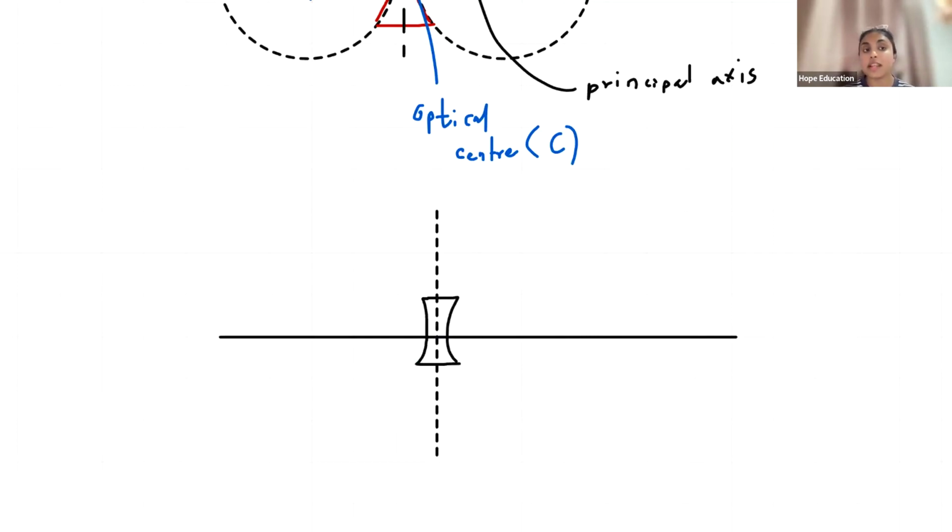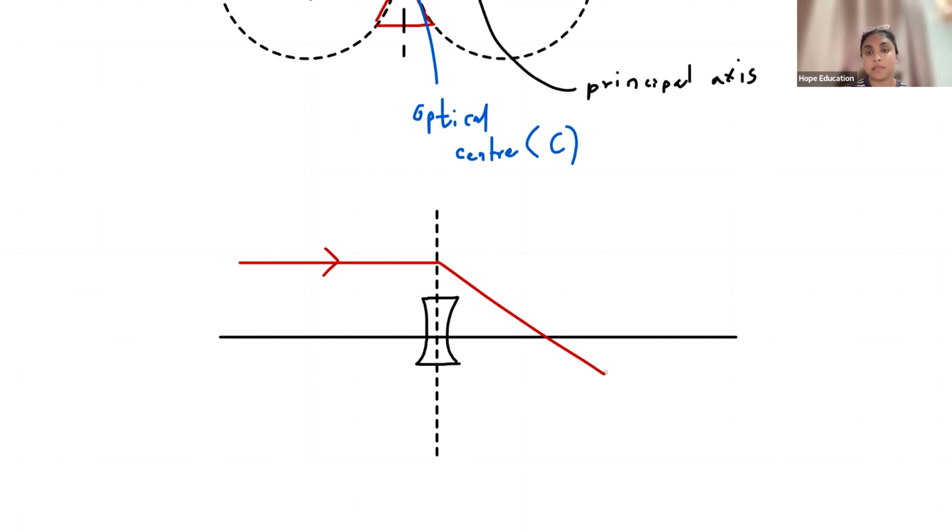Now, this is how you identify the focal point of a concave lens. What you do is you send a parallel light ray to the lens. Parallel light ray. Okay. If it was a convex lens, the light ray would refract inwards. However, in concave lenses, light rays do not refract inwards, they refract outwards. Right? So this light ray will refract like this.